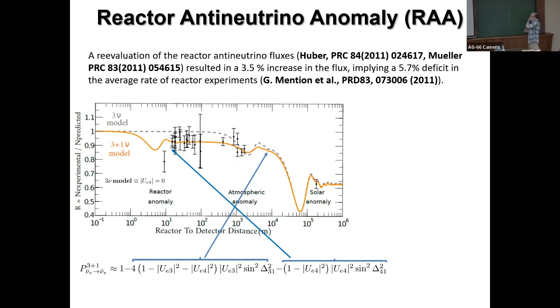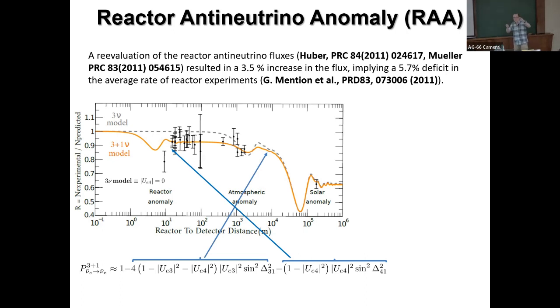The other anomaly is the reactor antineutrino anomaly, and it came up when two different groups of physicists made recalculations of the reactor antineutrino fluxes. When they recalculated the corresponding rates, they obtained a 5.7% deficit in the average rate of reactor experiments.